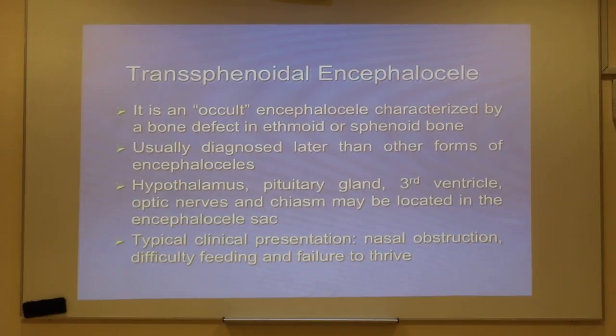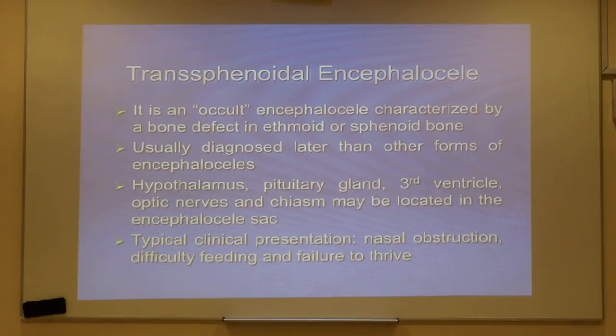What would happen is that the child will be born and be unable to suck the milk. Why? Because when he is sucking the milk, the nose is blocked by the bulging of the brain into the nasopharynx, so he cannot breathe from the nose and cannot suck the milk. This obstruction of the nasopharynx will result in failure to thrive, failure to grow.